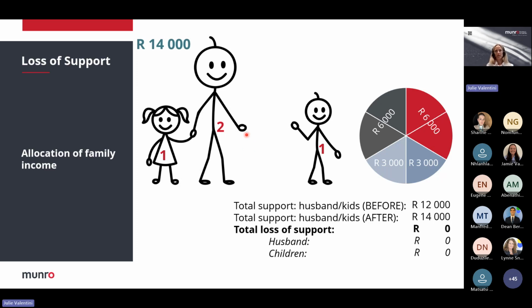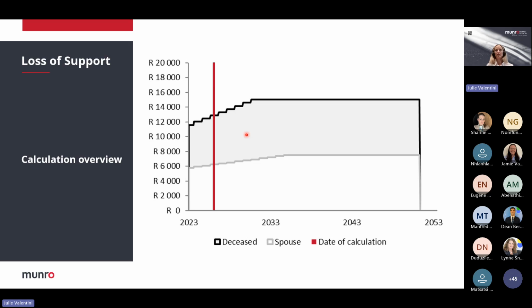Okay, so that concept is important to understand because that comes into our loss of support calculation. So like we did for loss of earnings, we can show a graph where we show the deceased earnings and we show the spouse's earnings. The deceased earnings obviously are but for the accident because the deceased has passed away.